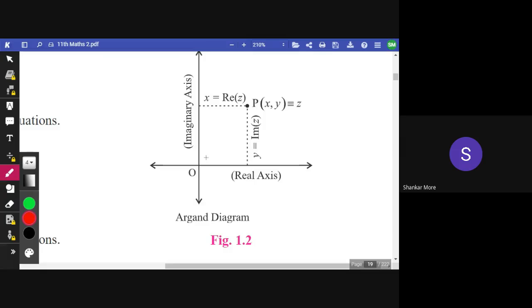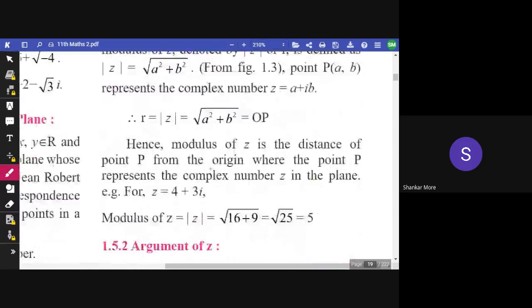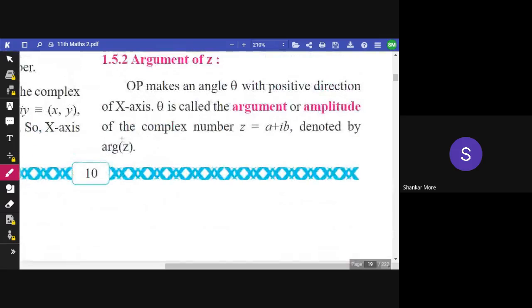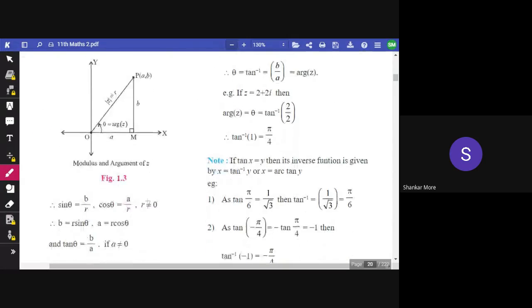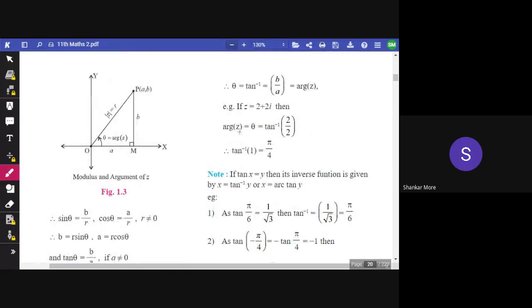Okay, so this is the angle theta, and it is denoted by argument of z. Now there is a simple formula for argument of z, which you have to remember: theta is equal to tan inverse of b by a.